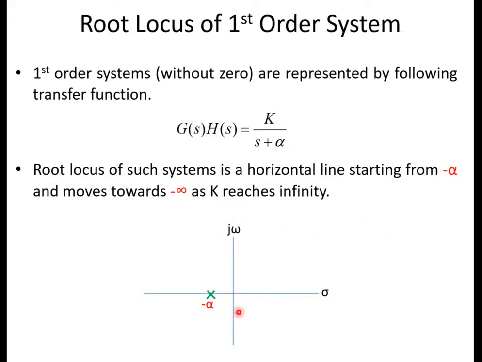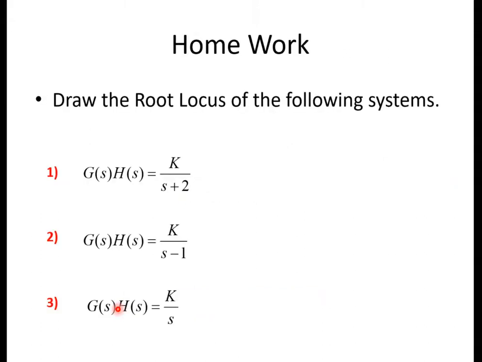So this is the pole-zero map. Here there is only one pole, minus alpha, and this is the root locus branch which starts from minus alpha at K equal to 0 and goes along the negative real axis as K tends to infinity. K is the system gain. As K tends to infinity, the branch of the root locus tends to infinity.